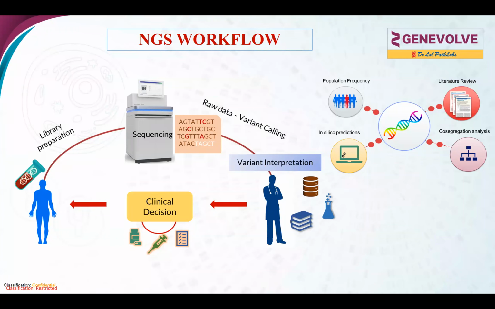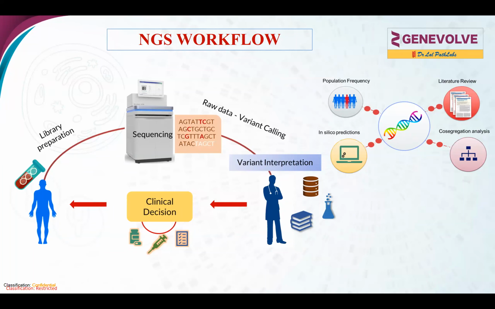The difference between a polymorphism and a mutation is 1%. If 1% of the population has a specific variation, a specific nucleotide change, then I would call it a polymorphism because it's present in 1% of the population. If it's present in less than 1%, then I would call it a mutation and try to give importance to that specific change.